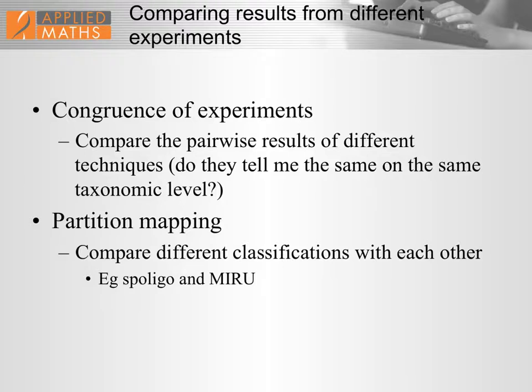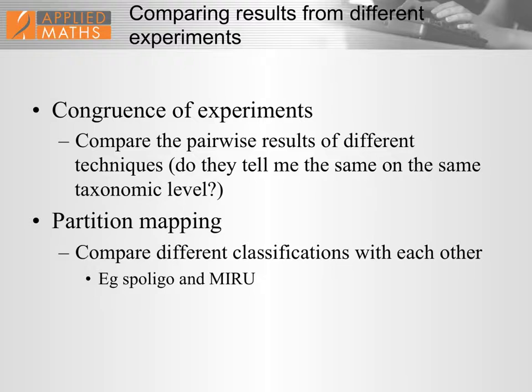If I have one technique which is time consuming and very expensive, and you have a faster one that is less expensive, okay, stick to that last one. So that's another way of using that congruence of experiments. Another way of comparing results from different experiments can be partition mapping, where you are, for example, comparing different classifications with each other.